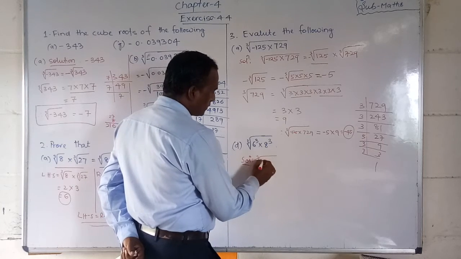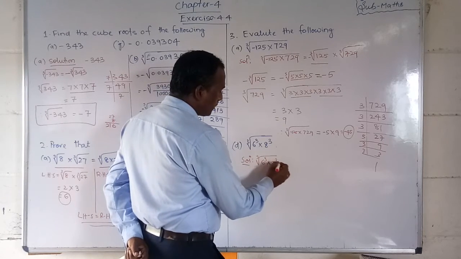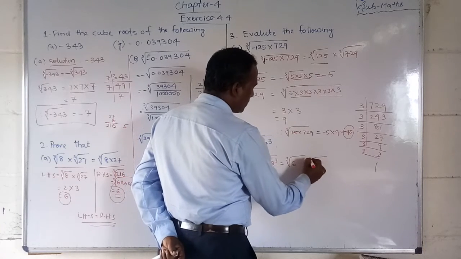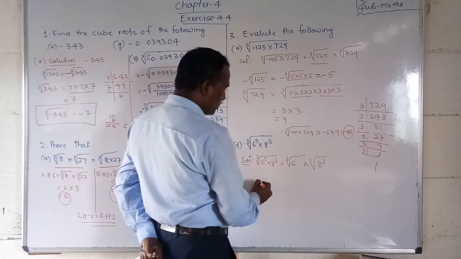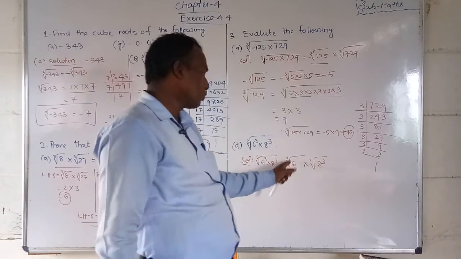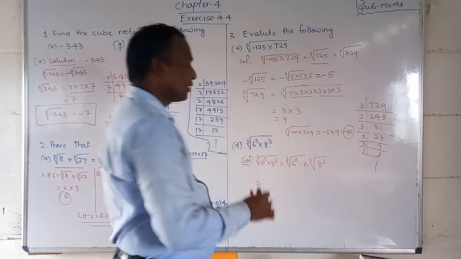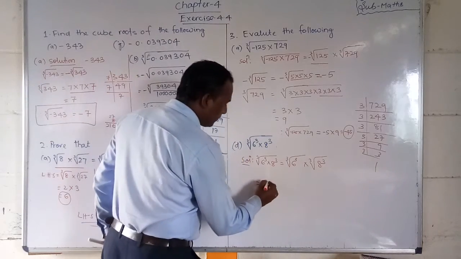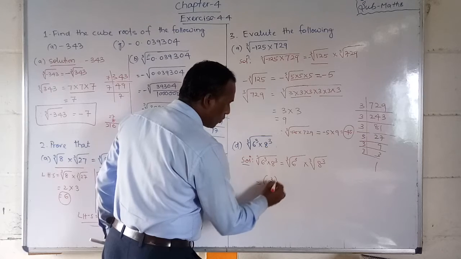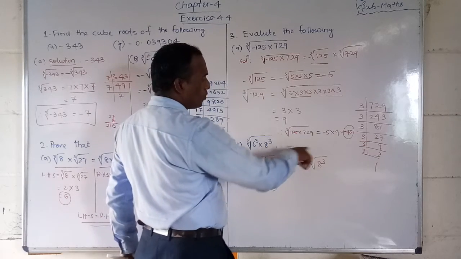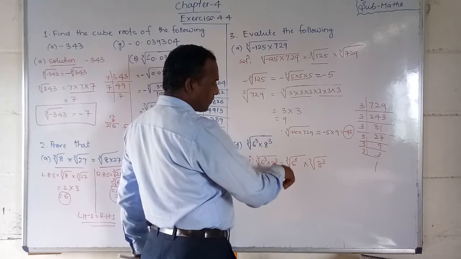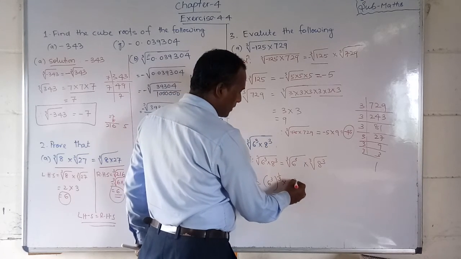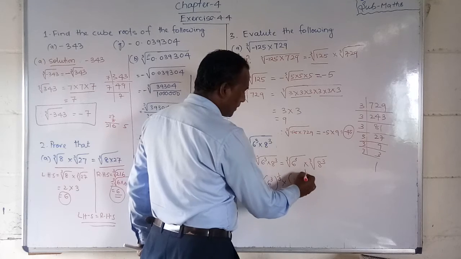Cube root of 6 cube into 8 cube is equal to, individually, 6 cube and individually 8 cube. Okay students, observe that, friends. What does cube root mean? Cube root means the power is 1 by 3. That means we can also write it as 6 power 3, whole power 1 by 3, into 8 power 3, whole power 1 by 3.